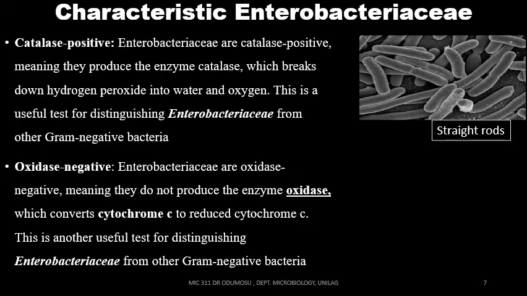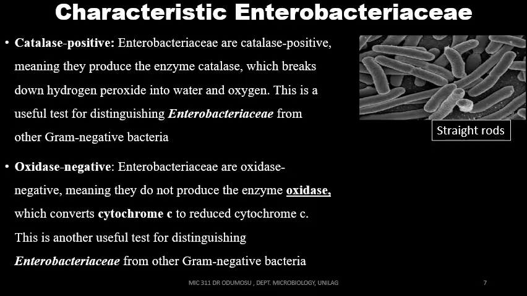Now, they are all negative for oxidase tests. So oxidase is not present in their cell, and this is another useful test in distinguishing them from other gram-negative bacteria. These are some of the tests that can be carried out immediately you suspect that an isolate is Enterobacteriaceae.